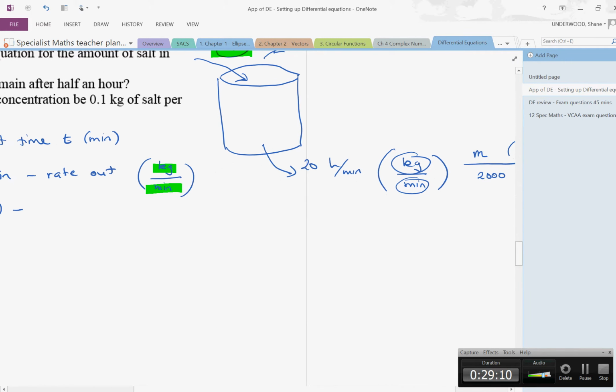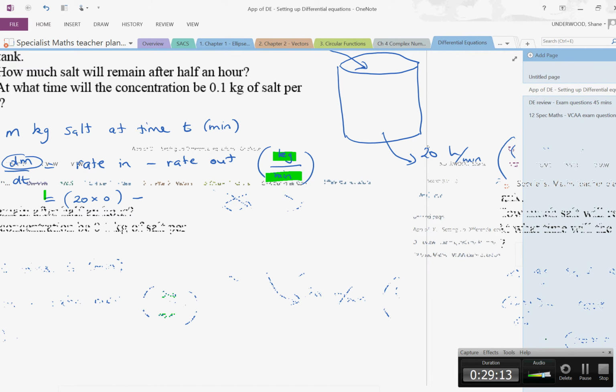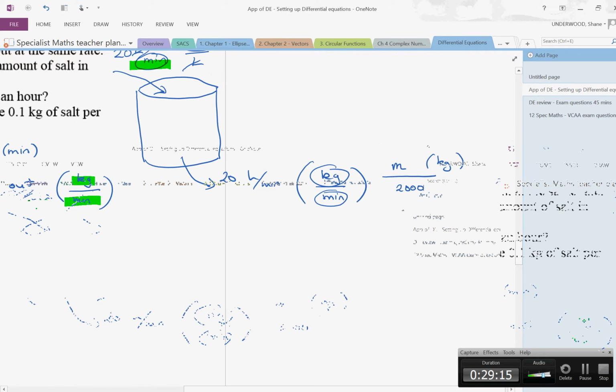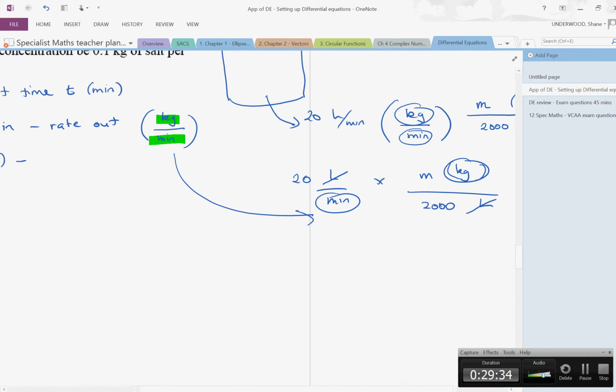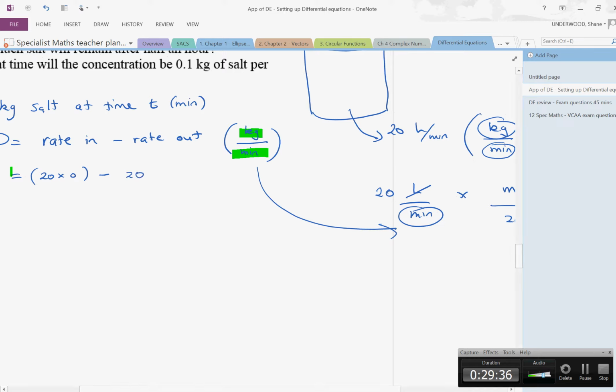We're going to go through another example, so be careful then. What we've got is 20 litres per minute times m kilograms over 2,000 litres. The litres are going to cancel out, giving the same unit as over here. So therefore we've got minus 20m over 2,000.